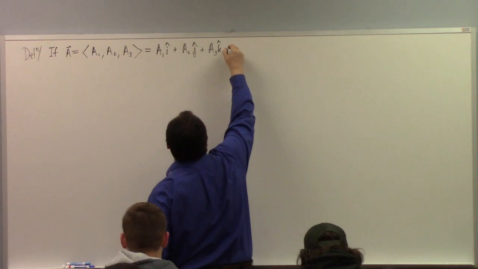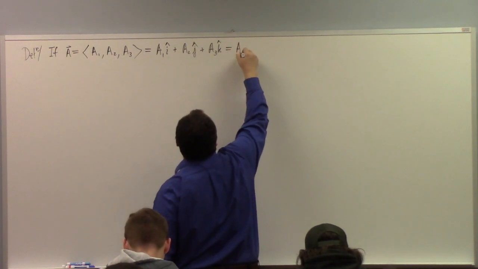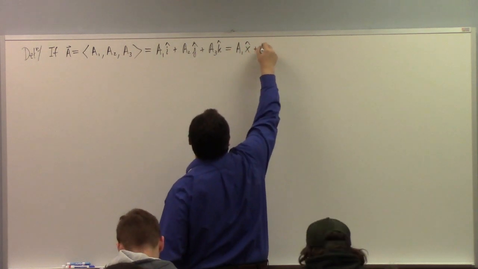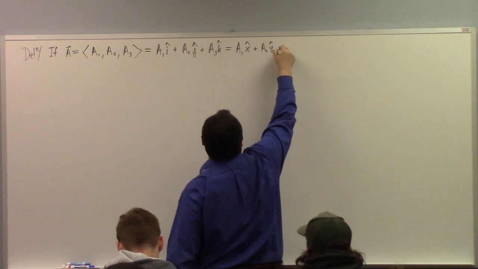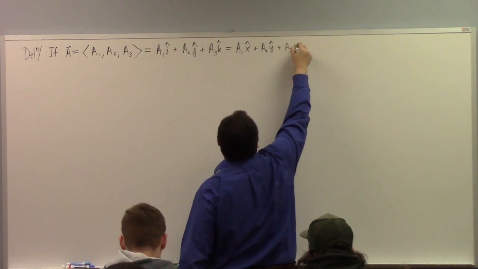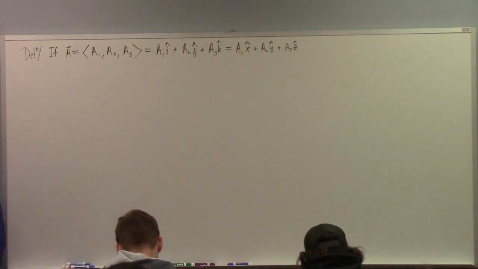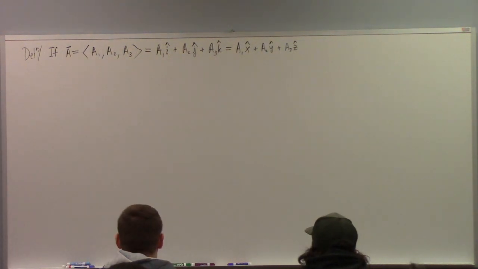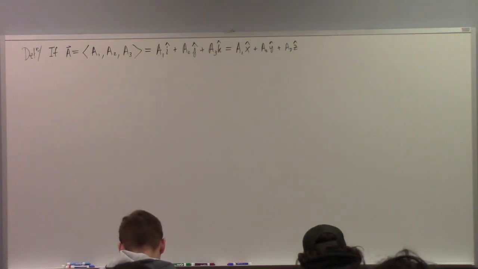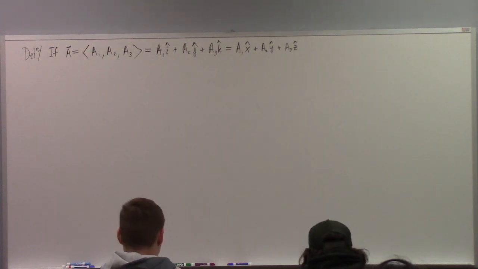I personally don't like that notation. If you're in my class, we use A1 X hat plus A2 Y hat plus A3 Z hat. The reason I use X hat, Y hat, Z hat is because those are the unit vectors in the X, the Y and the Z direction respectively. This is a notation that's more common in physics and engineering, higher level anyway.